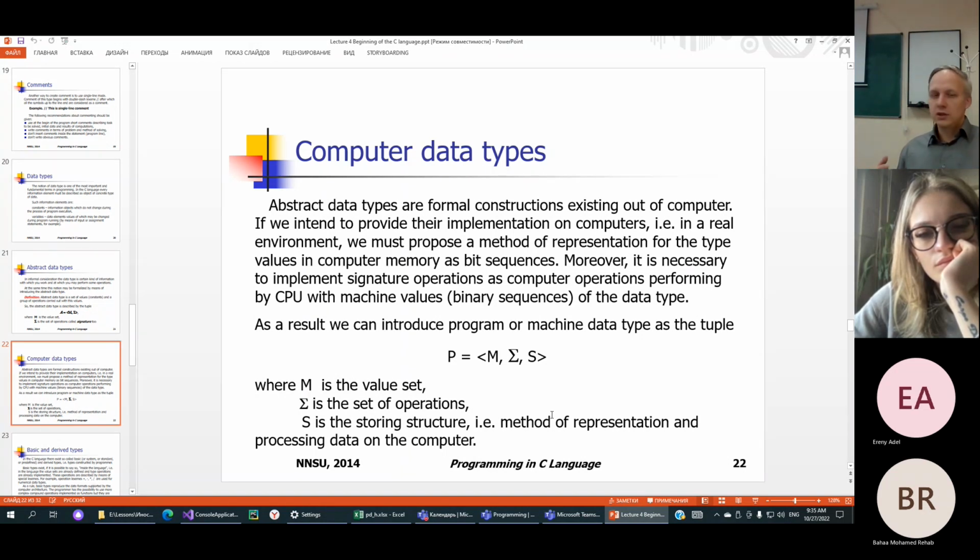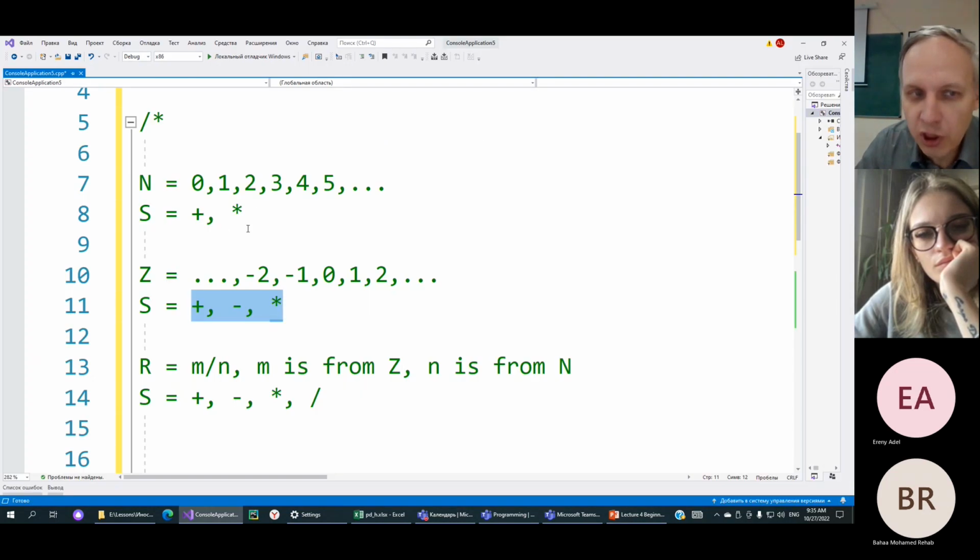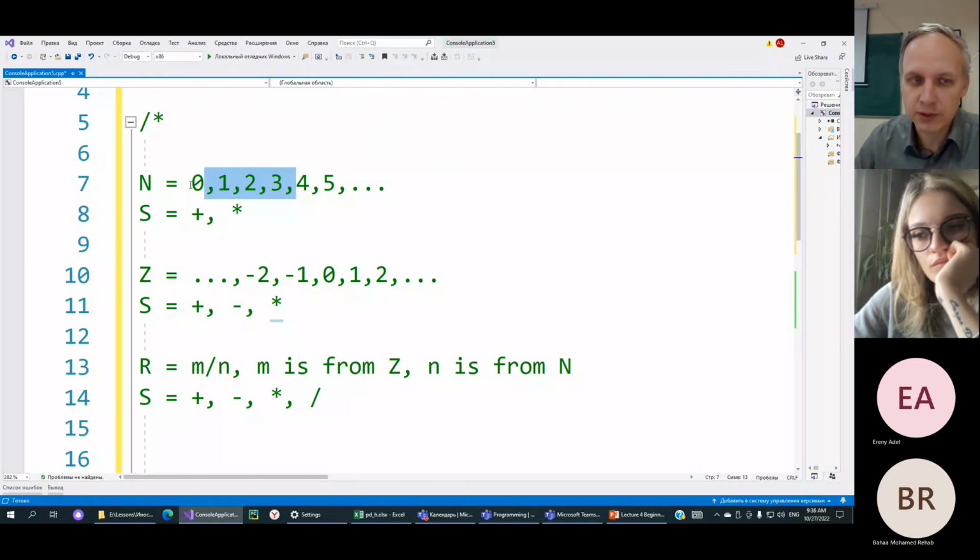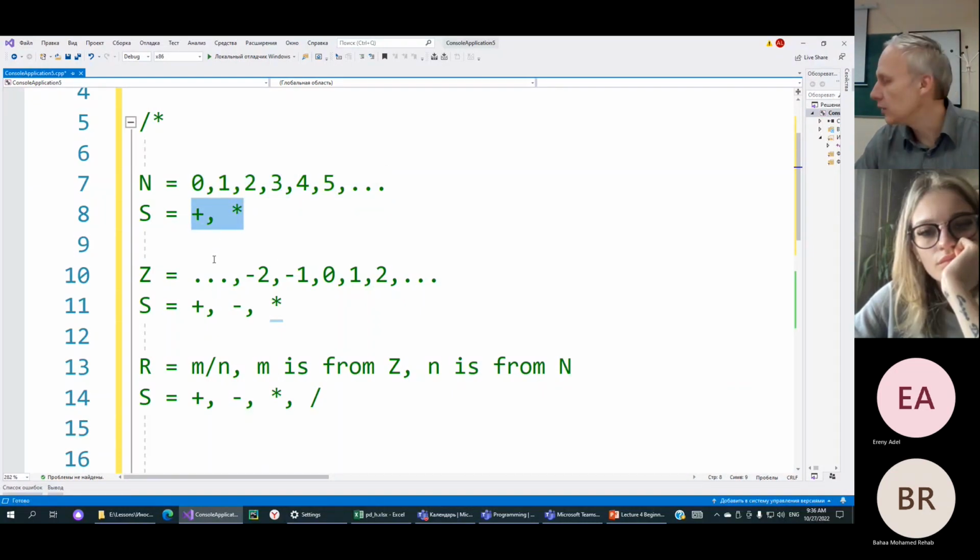So the method of representation and processing data in computer. So we should not only describe the set of values and set of operations, but we should introduce the storing structure, how these numbers will be stored in computer memory, how these operations will be implemented.